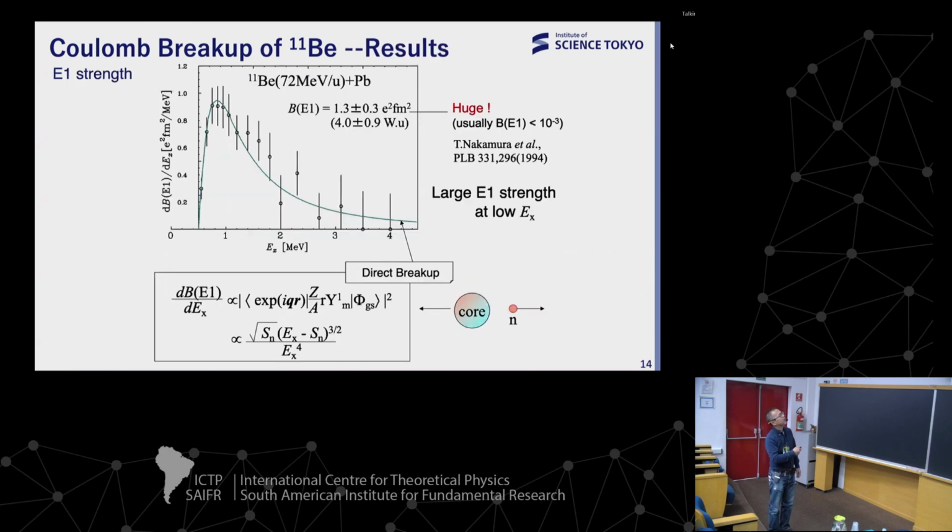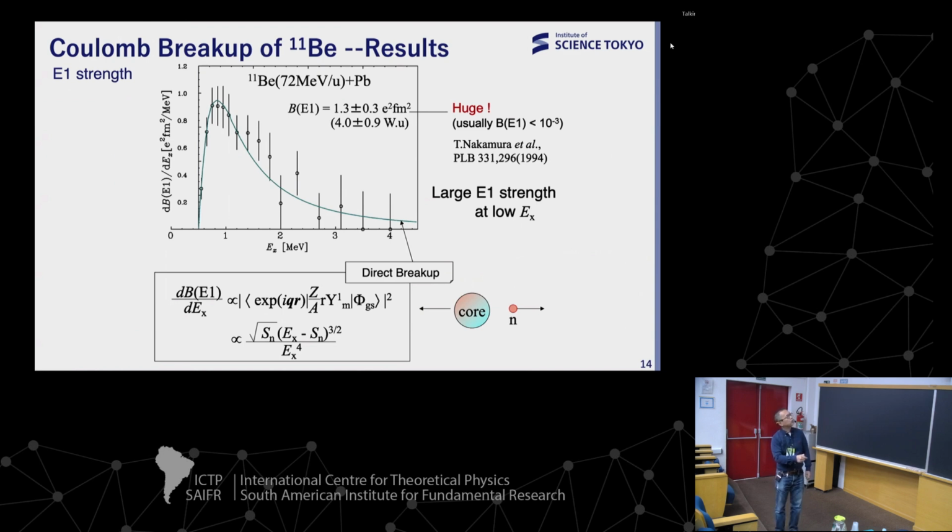Anyway, so the result is like this. Now we have this E1 strength distribution. This is the threshold, 0.5 MeV, and we got this nice strength at very low energies. This is 1 MeV in excitation energy. And the integrated E1 strength was 1.3 e² fm², which is translated into Weisskopf unit.